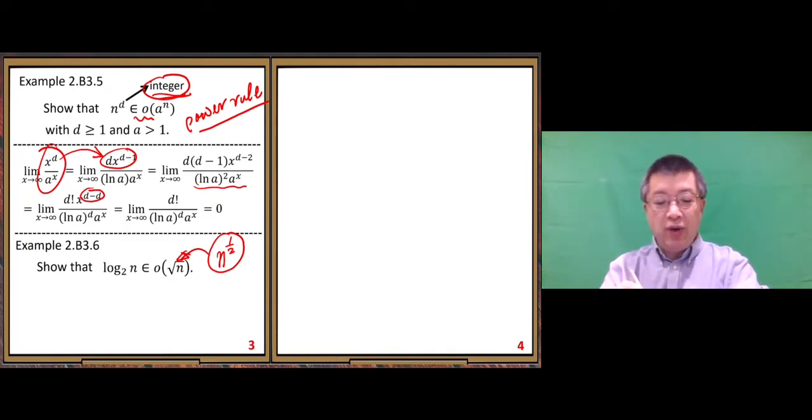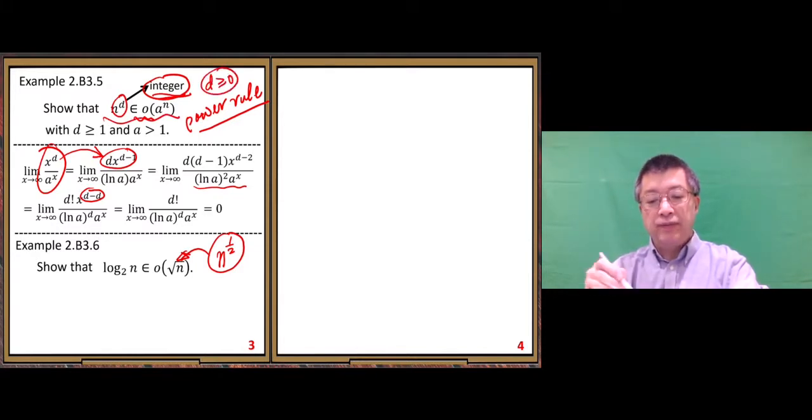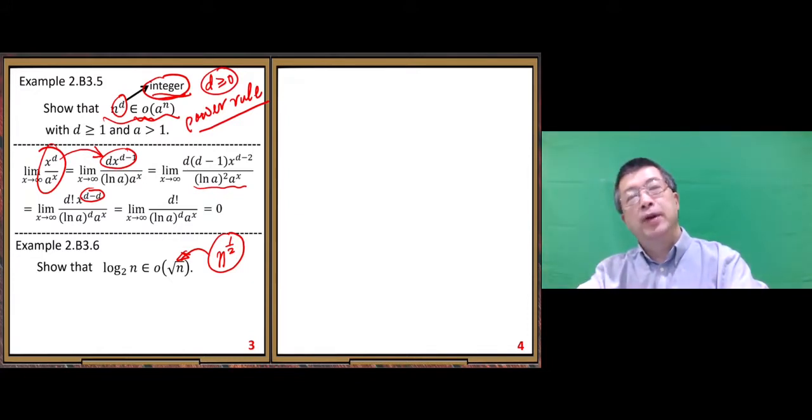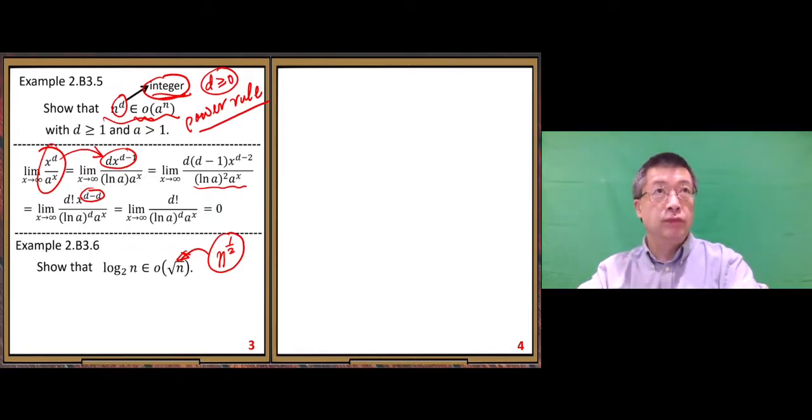Later we will generalize this. This is true for d greater than or equal to 0. Even non-integer, it is also true. If we want to prove it, we can do it.